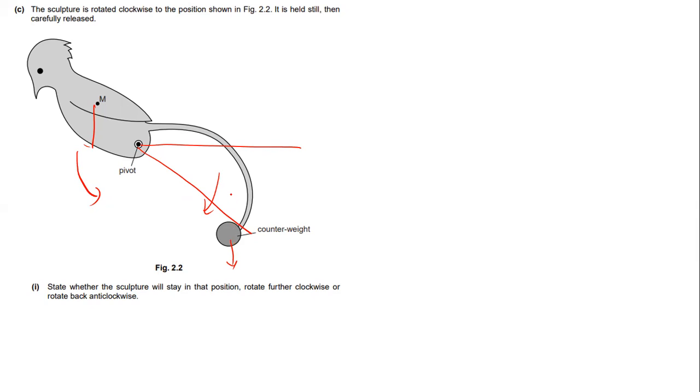In that case, do you mean to say that when I release it, this mass becomes larger? Or the point of force here becomes larger? No, no. Then? Well, the moment of force of the counterweight will decrease.